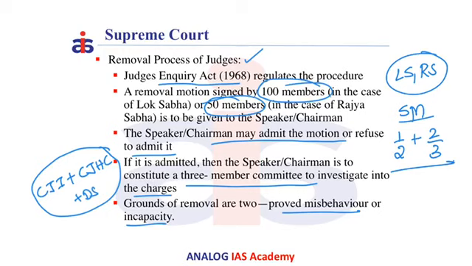So far, no judge has been removed from the Supreme Court except in one case, where Justice V. Ramaswamy of the Supreme Court was impeached. The committee found him guilty of misbehavior, but the motion could not be carried further because it was defeated in the Lok Sabha itself.